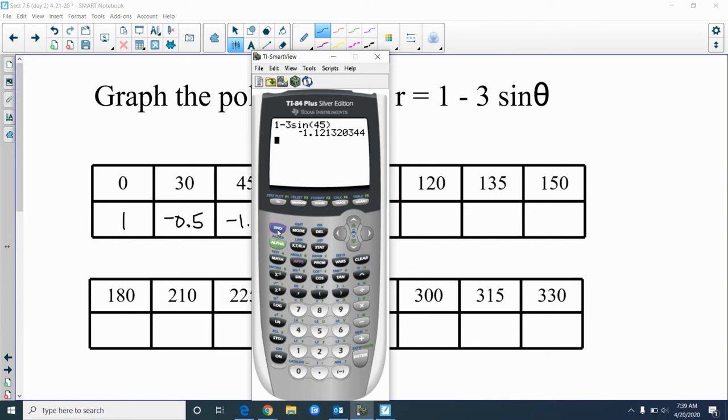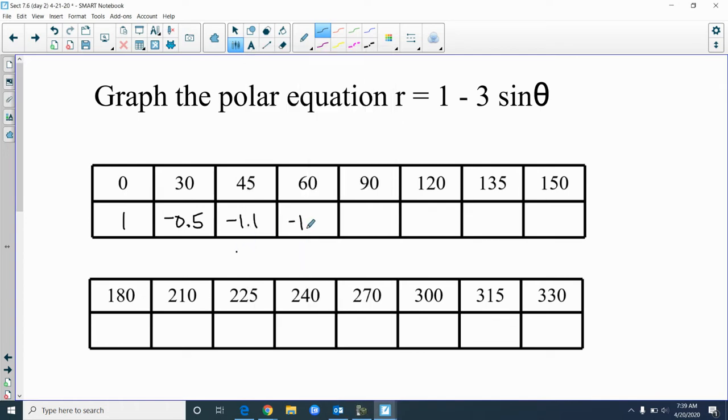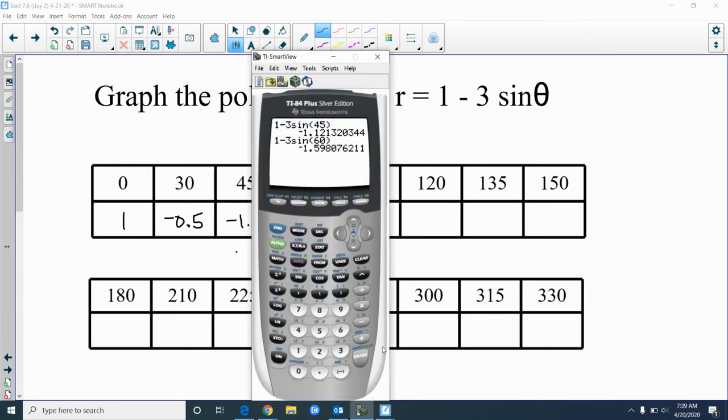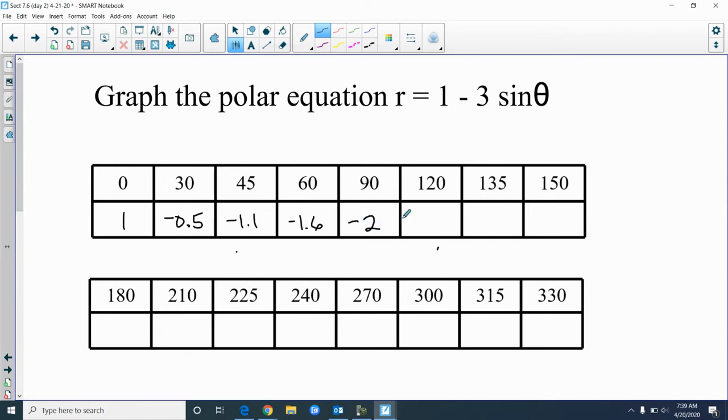And plug in 60, negative 1.6. Let's plug in 90. Negative 2. All right, go ahead and plug in 120, 135, and 150.